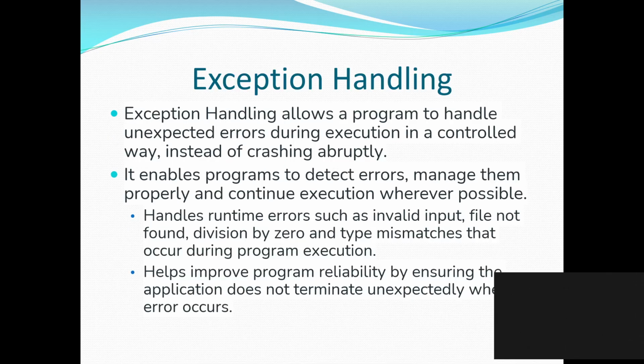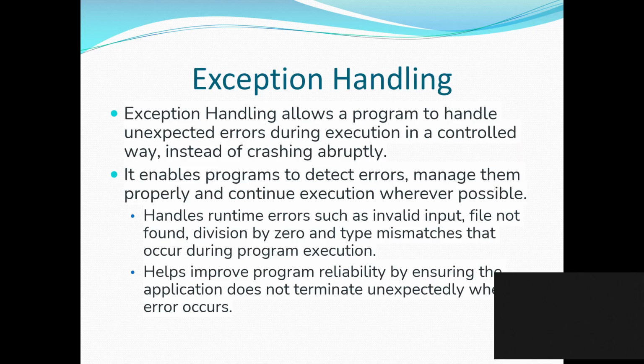So the next topic, which is the last and final one, is called exception handling. There is one major problem in programming: if I have a program and in between I have some errors or exceptions, Python starts from the first line and goes until where the error happened.